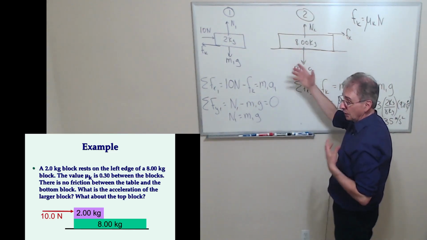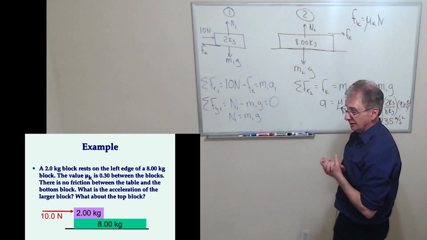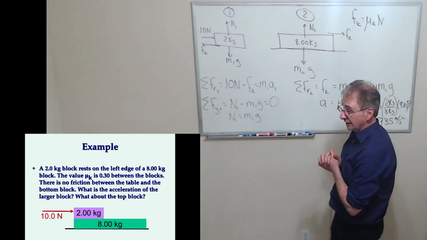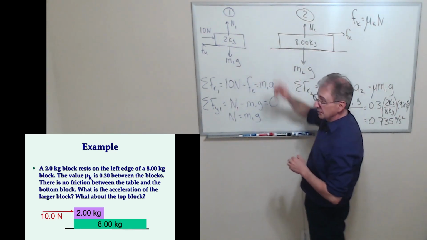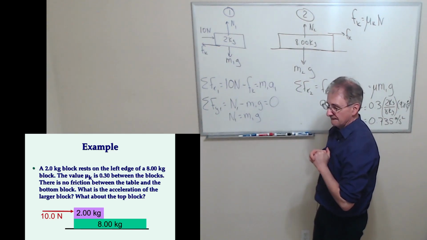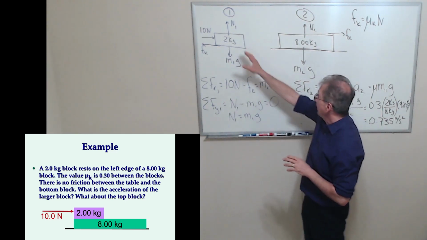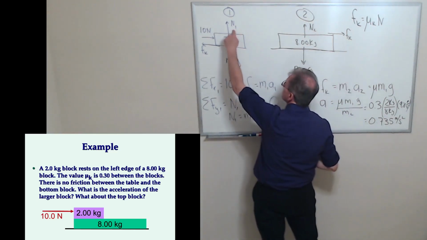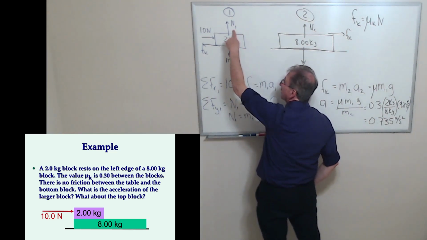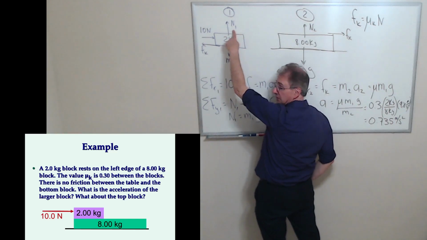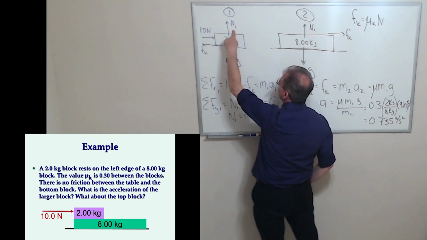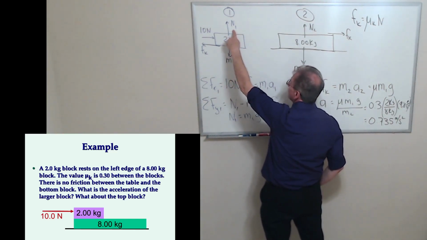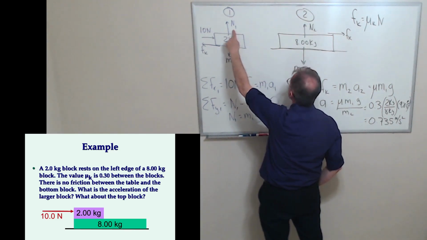The question I asked was, what's touching this object? Well, this object is on top of this object, right? m1 is on top of m2. This is the force of the bottom object on the top object.